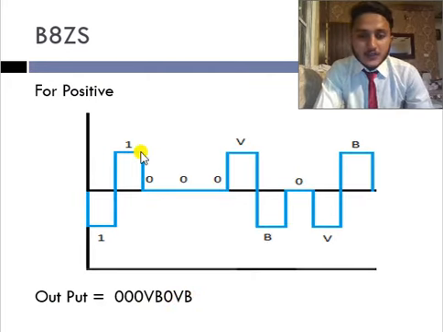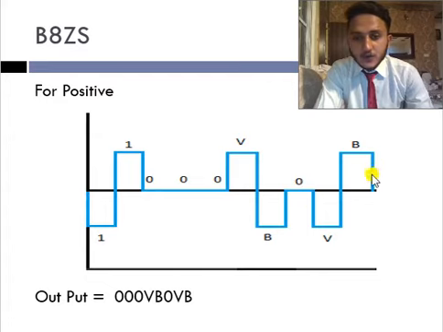Now we take an example for the positive. When the last one signal before the consecutive zeros is positive, we use the positive pattern. First one is negative, then take the inverse of this, a half positive half, then zeros, positive half, negative half, then again 0, then negative half, and positive half.